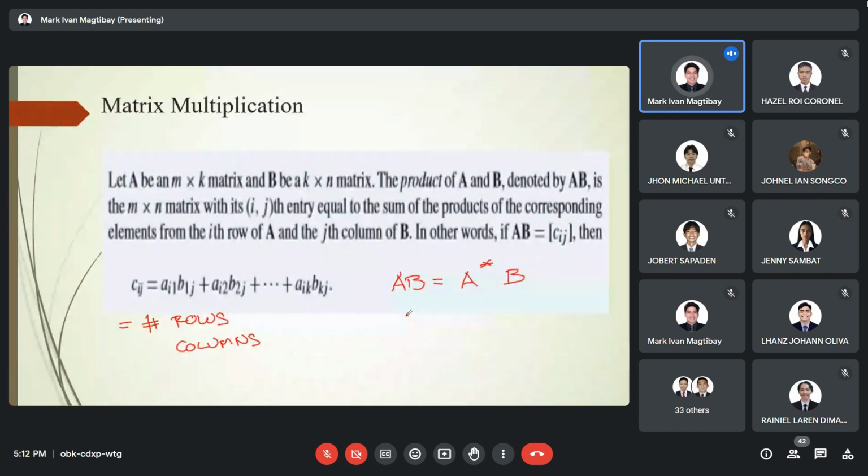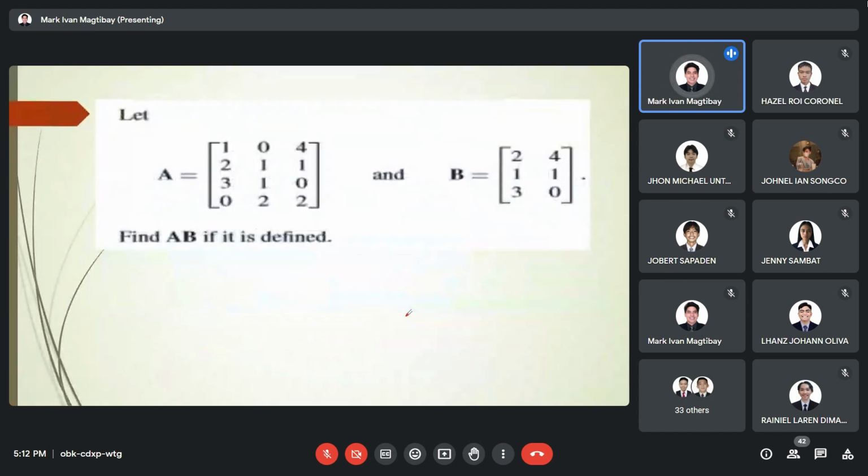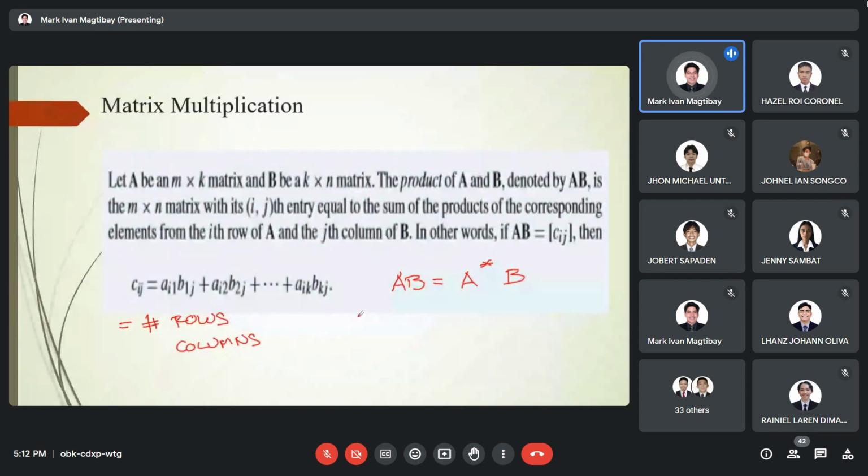Dito naman po sa multiplication, nakalagay ba dito? Hindi pala. Kailangan naman po na let's say A times B po. Meron po yung set na M times N po. Kailangan daw po yung number of columns po ng letter A ay magiging equal po dun sa number of rows ng letter B po. Okay? Kailangan itong dalawa ay equal.